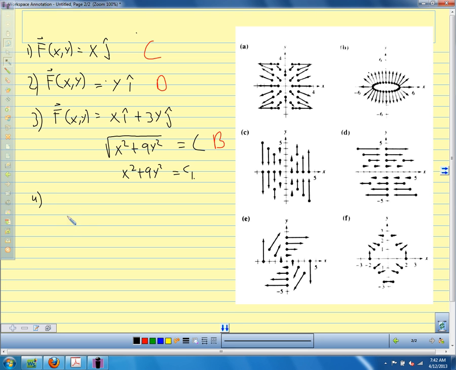Next one, f of xy, our vector field, is y i minus x j. Who said E? Griff says E. And what makes you say E?